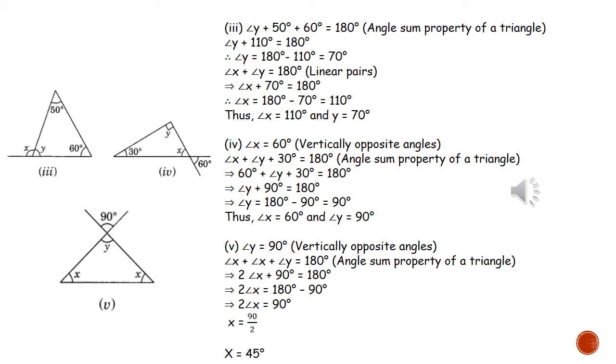Now we are moving to the fifth sum. Here y is equal to 90, that is vertically opposite angles. So we are getting x plus y is equal to 180 degree by using angle sum property. In the same manner, we can find out the value of x, that is equal to 45 degree.